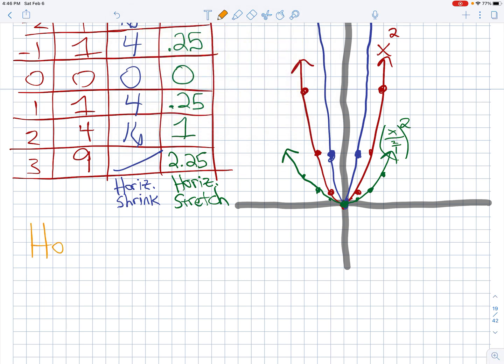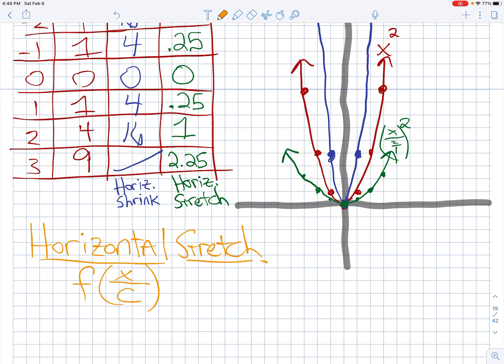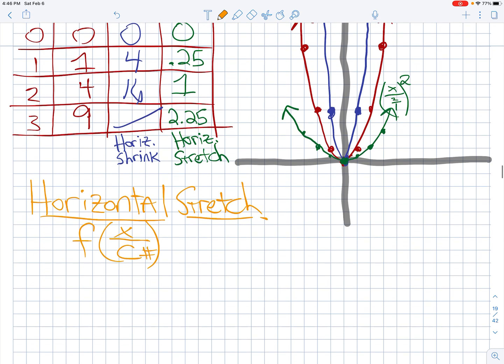So you have your shifts, your reflections, and your stretches and shrinks. The general form for a horizontal stretch, I will start with a stretch, is going to look like this.